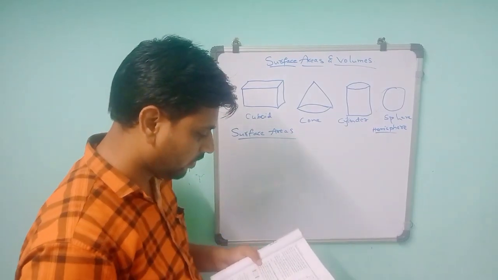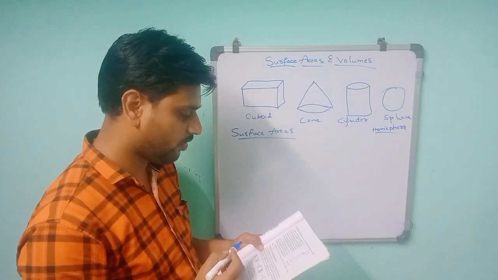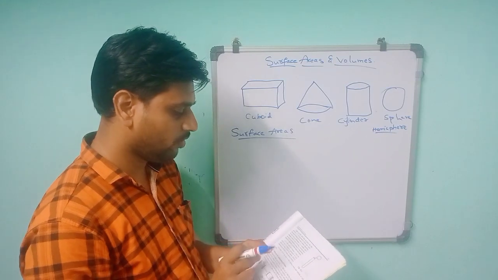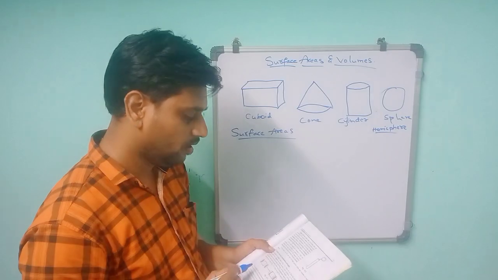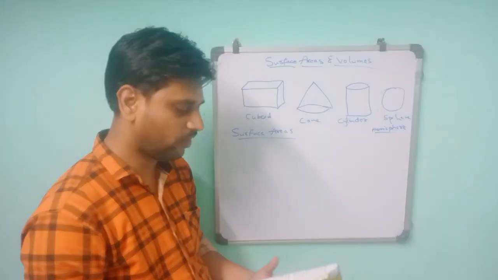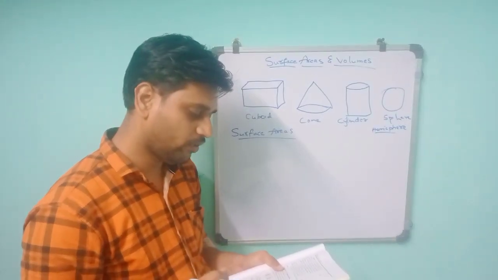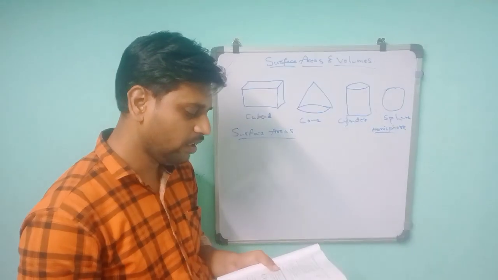In example 15.4, if you want to find the surface area of this solid, we first have to break it into two parts. It contains hemispheres and also a cylinder. That is the example for the truck. If you consider the surface of the newly formed object, we would see only the curved surface of the two hemispheres and the curved surface of the cylinder.